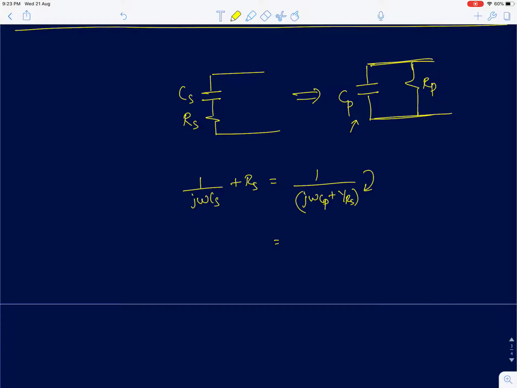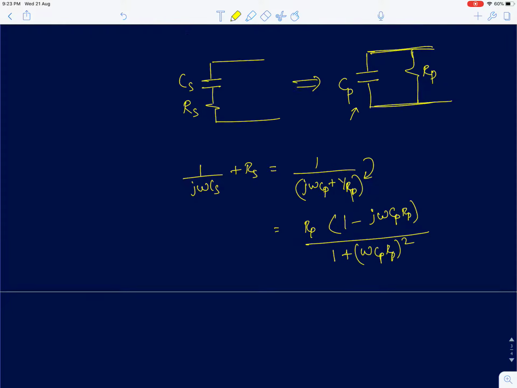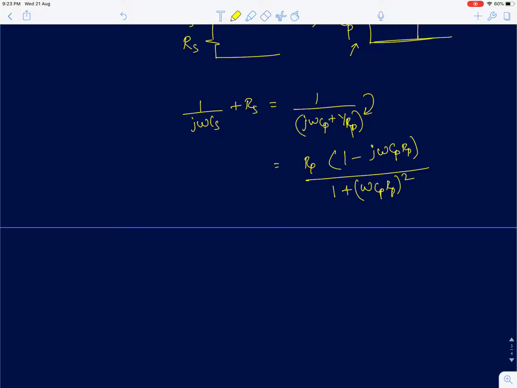So I'm going to take Rs common out. So I'm going to get something like this, Rp. Okay, and I'm going to use the result.